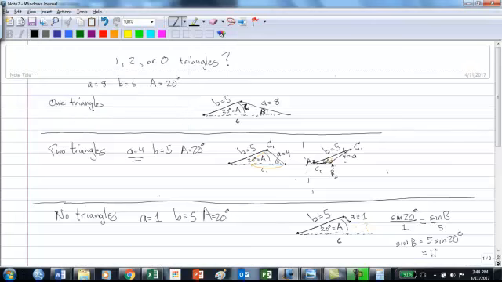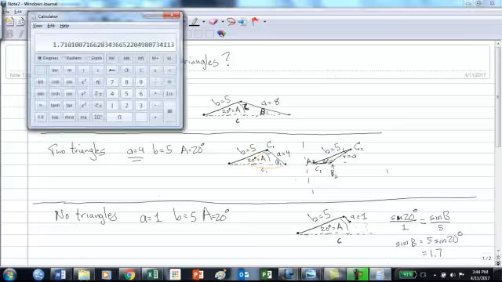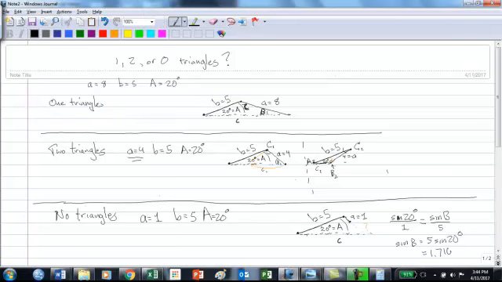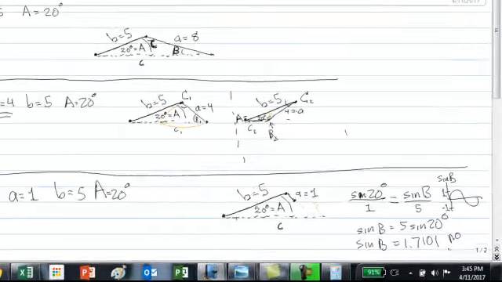It comes out to 1.7 something, 1.7101 if we're using 4 decimal places. Sine B equals that. That's impossible. Recall, if you draw a sine curve, it doesn't get bigger than 1. The value of the sine of beta never goes higher than 1 or lower than minus 1. So, no triangle possible.